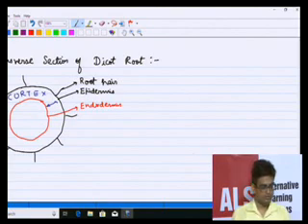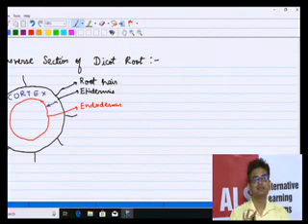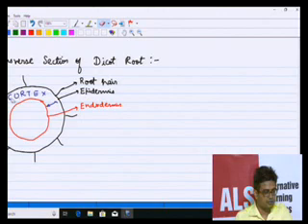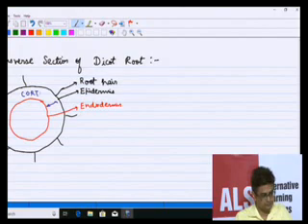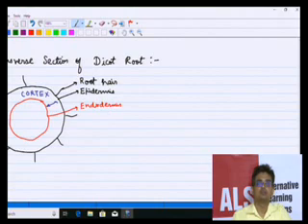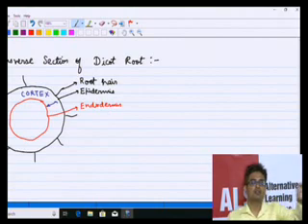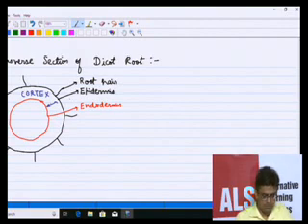Okay, my diagram is a bit shifted to the left side. I hope it is visible. This is the cortex. It is visible to everybody, right? A minor part of the circle will not be visible. This is the cortex.